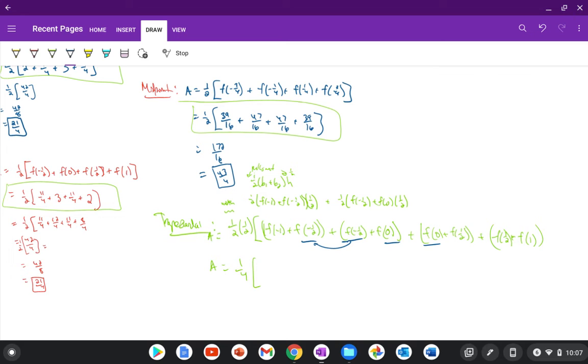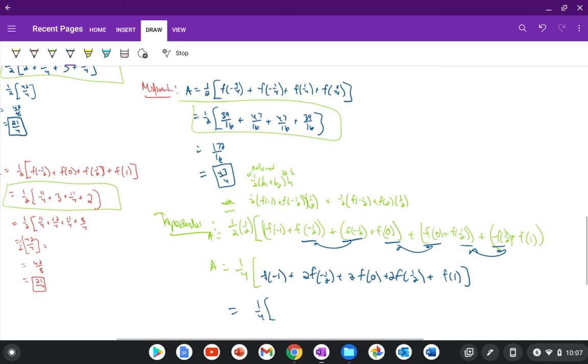So there's 2 of these, there's 2 of these, there's 2 of these. So you can just write this as 2 times those. So really we end up with f of -1 plus 2 times f of -1/2 plus 2 times f of 0 plus 2 times f of +1/2. And then plus our ending is just 1 times, like the first. So that's how it all shakes out.